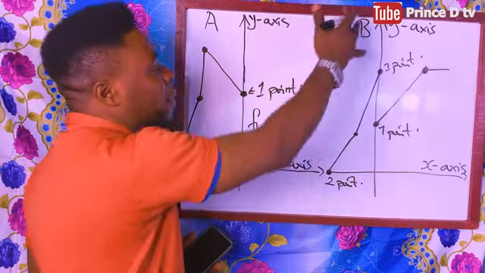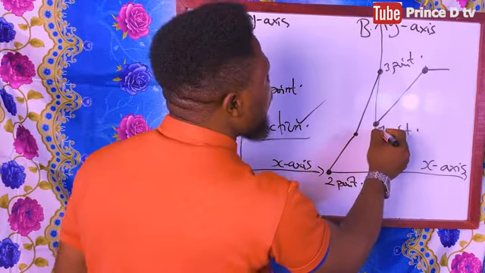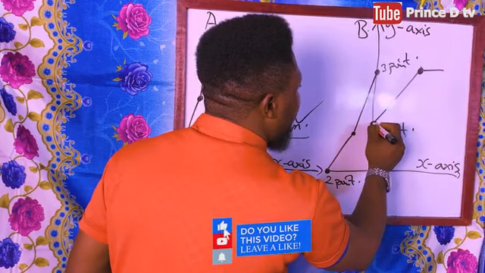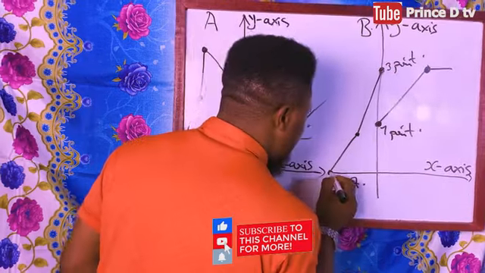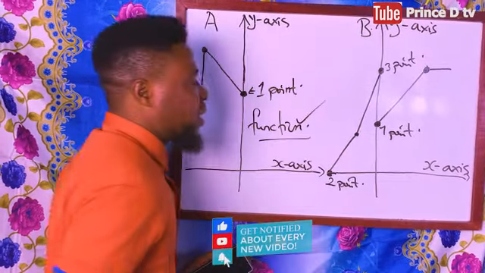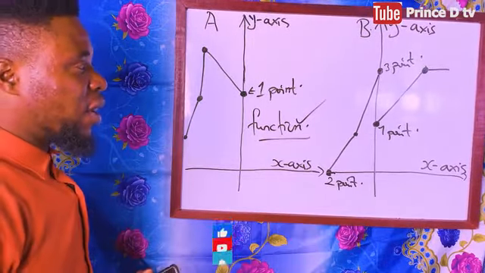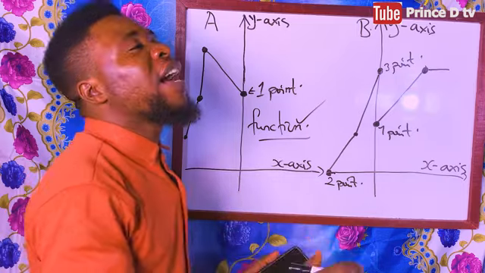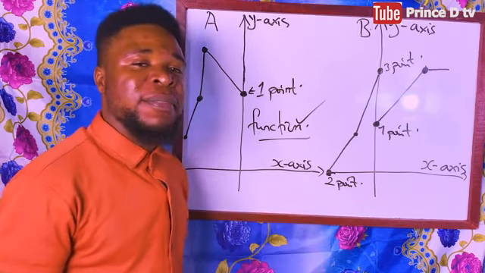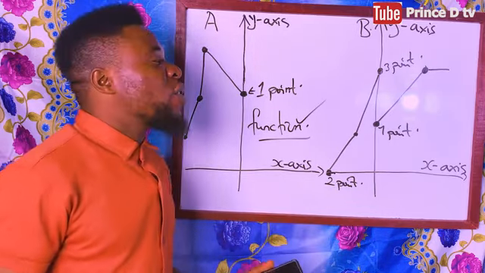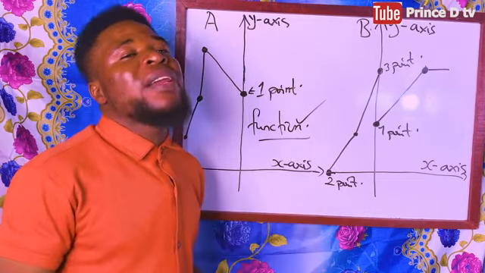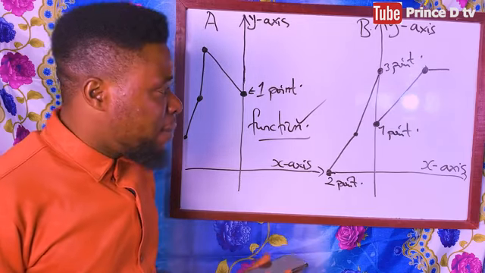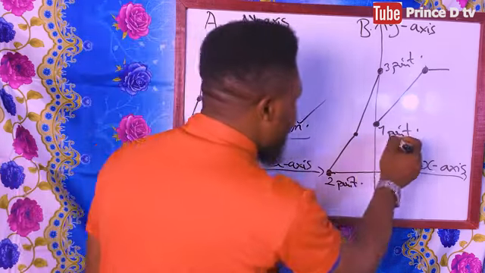Now with graph B, you will notice that we have 1 point touching the graph exactly 1, 2, and of course 3, touching it. Okay, so it is more than 1 point. So it is no longer exactly a one-to-one correspondence. So it already tells us that there are more than one output in the second set or whatever set that it may be. So you notice that we have 1, 2, 3.